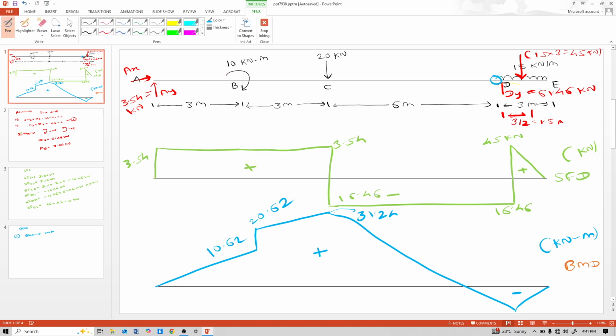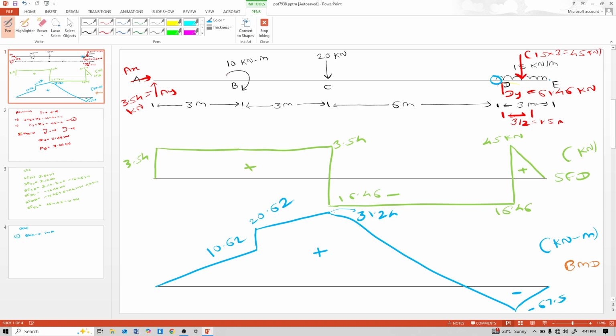So for that D point, see right side forces. Right side force is 45 kilonewton and it is clockwise. That means positive 45 into distance between that force to that D point is 3 by 2. That means 1.5. That means 67.5 is calculated moment. But when we see right side forces, then we change sign. So here minus 67.5.